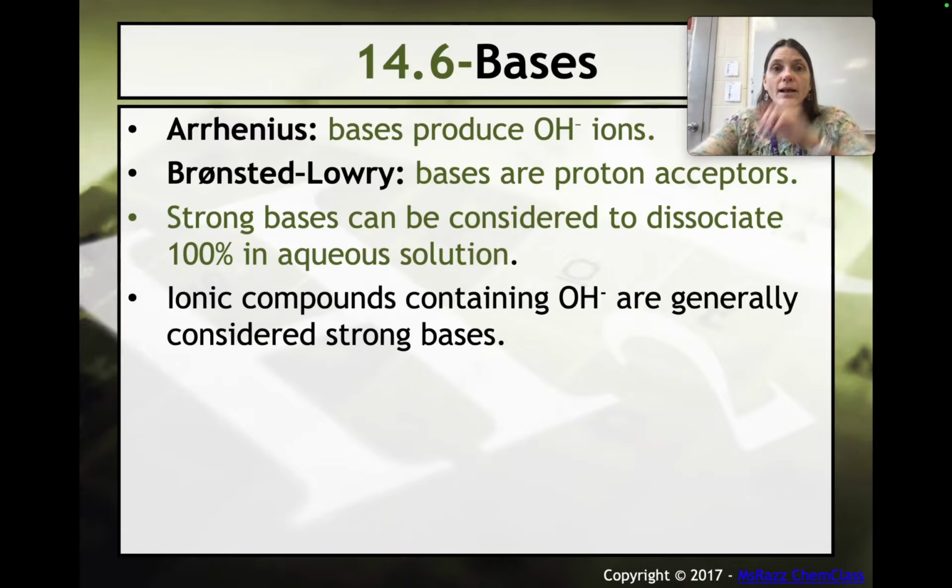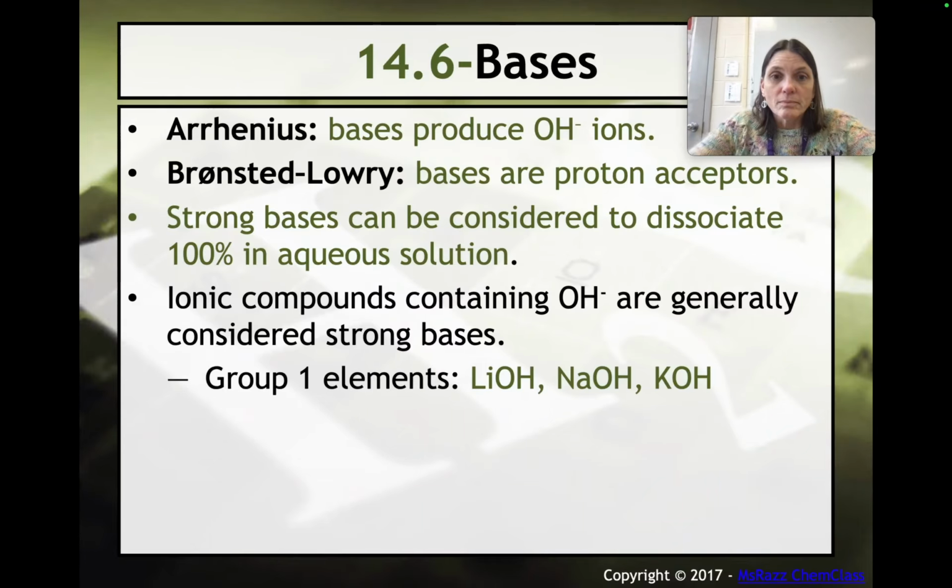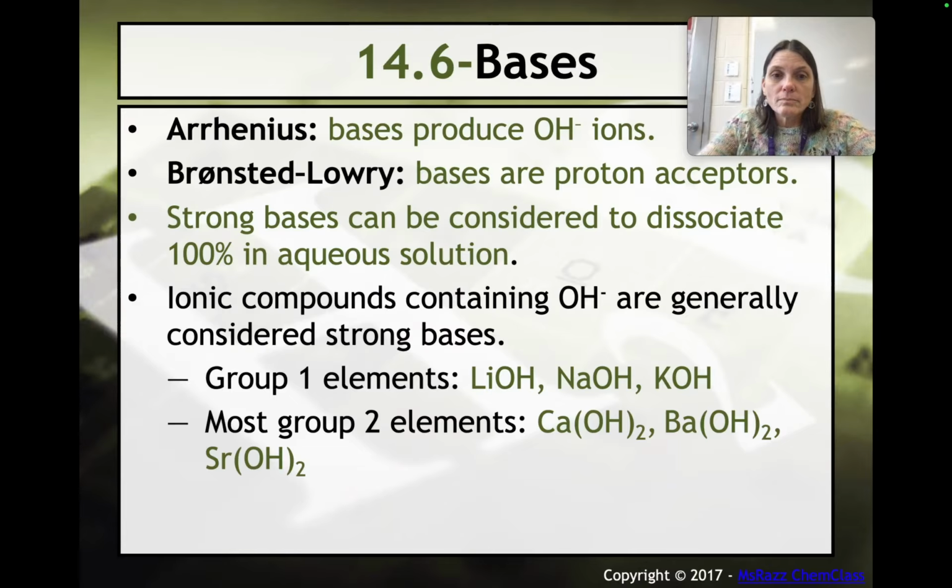So we just have to figure out the OH minus concentration, and we can use that to calculate the pH. Here are some examples of strong bases. Anything with a hydroxide is considered a strong base: lithium hydroxide, sodium hydroxide, potassium hydroxide, and group 2 elements. Notice there's a subscript 2 there, so we have to take that into account when we calculate the OH concentration.